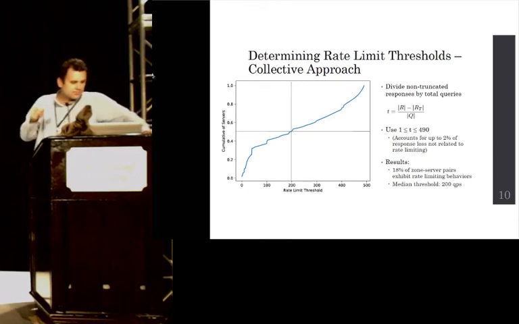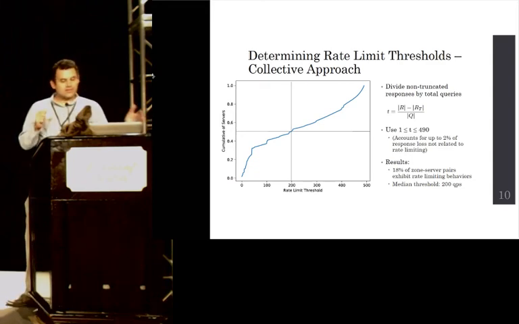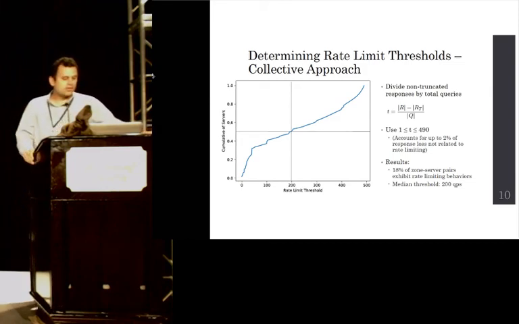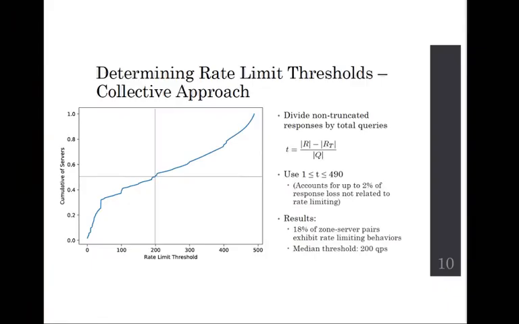So this is a cumulative distribution here. What we did with this first approach was to take the total number of complete responses and divide them by the total number of queries. So it's somewhat of a naive approach, but what it does give us is a percentage of the queries during this time period that were responded to.